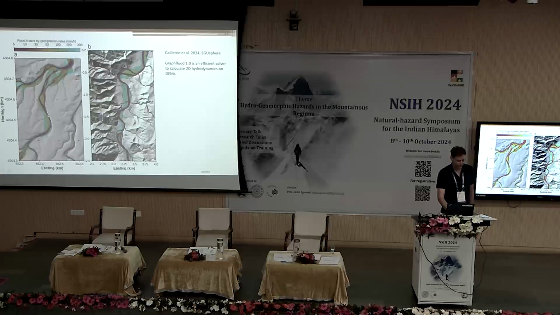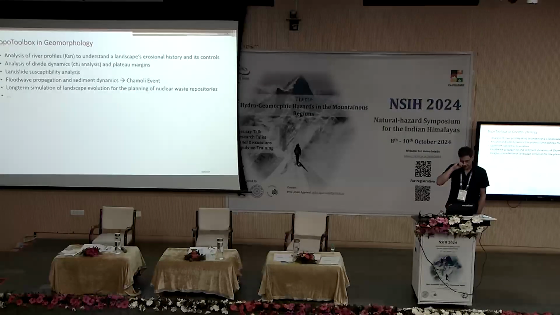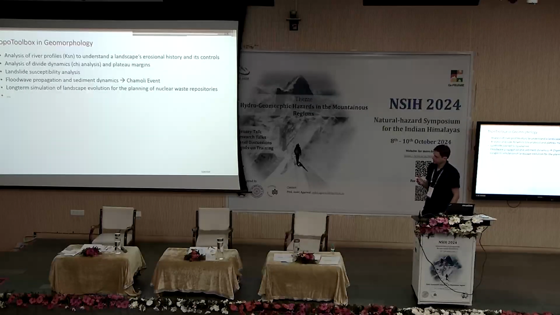The different colors give you an idea what the flood extent would be for a certain precipitation rate. So you get much more realistic flow patterns using this approach than the simple approaches that are commonly used in GIS.